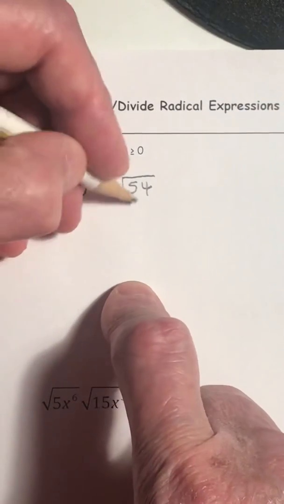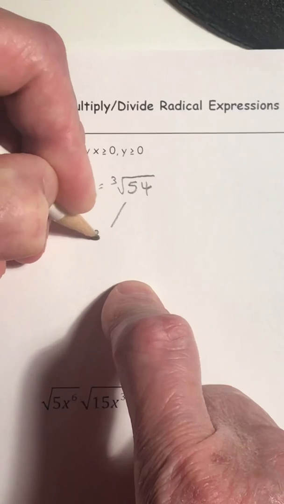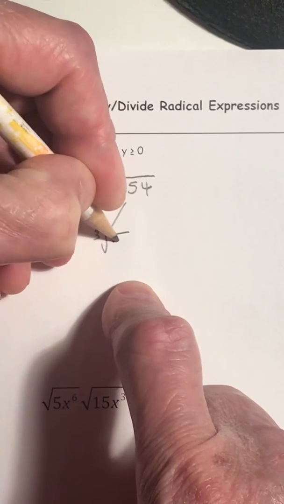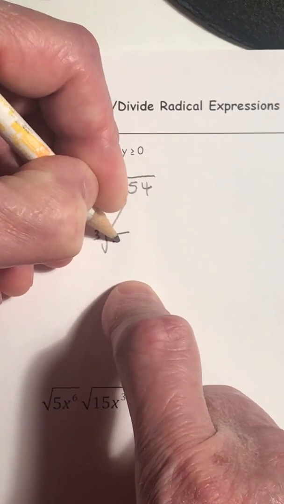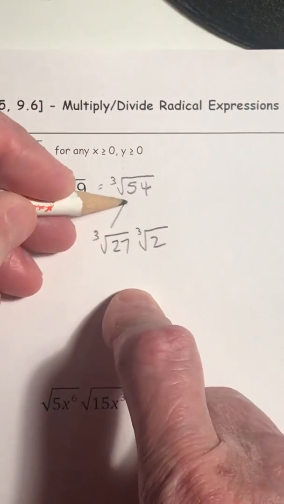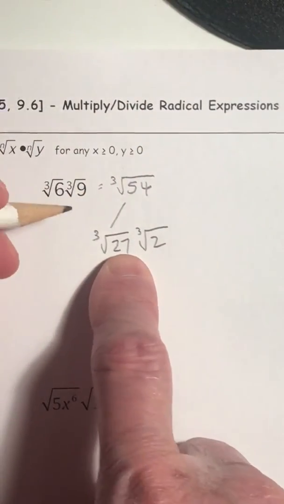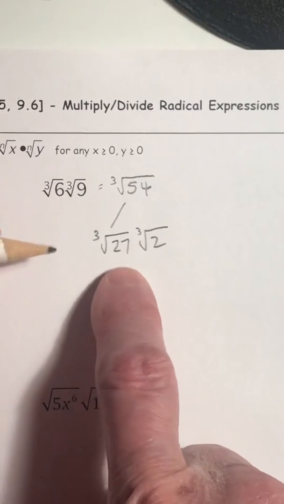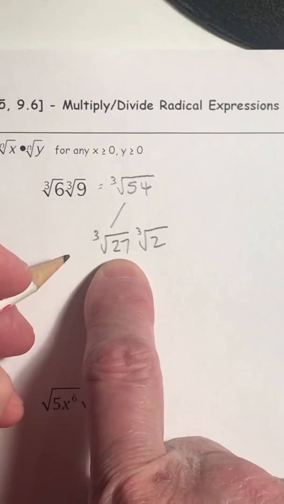We don't have to go very far if we just break this up into cube root 27, cube root 2. I divide this by 2, I get 27. As a very old math teacher, I recognize 27 as a perfect cube.